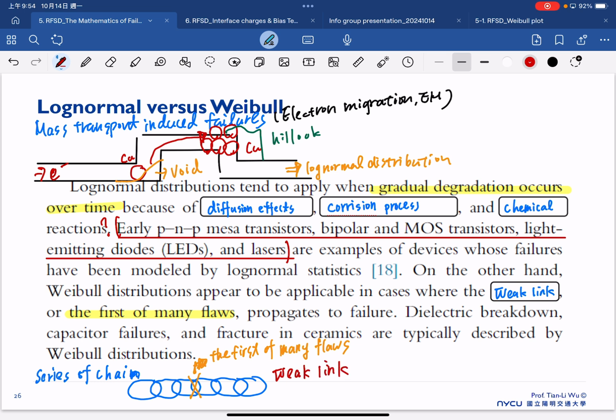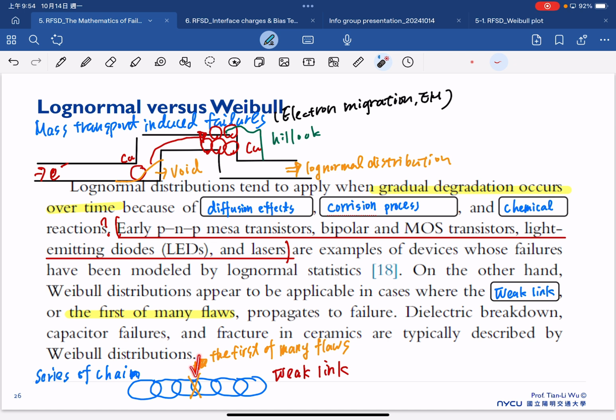So why do we call it link? Link means all these events are linked to each other. All these small individual events are linked to each other. And as long as the weakest part fails, the whole event will fail as well. So that's why we call it weak link.